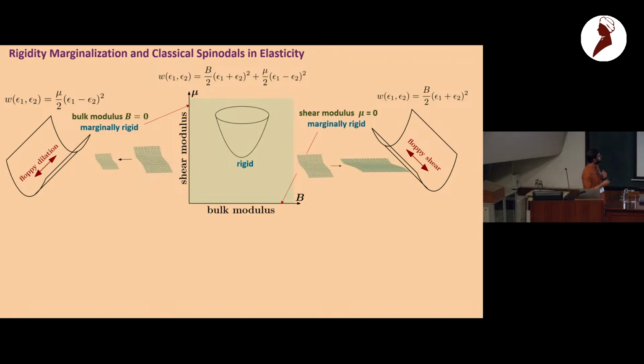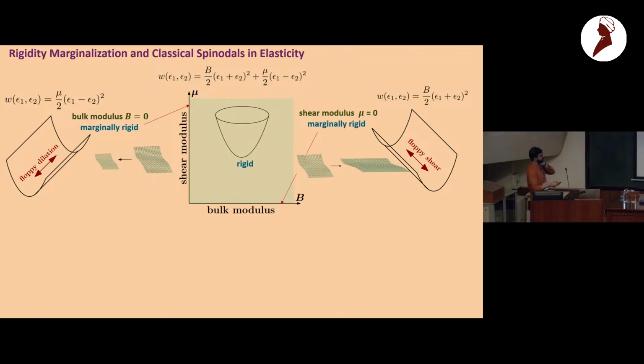But when you make certain moduli 0, for example, here we are making bulk modulus 0 on this line, you get these floppy directions. So here you are compressing, and this compression is floppy, and this is the expression of the energy. Similarly, your shear modulus can become 0, and the shear direction can become floppy.